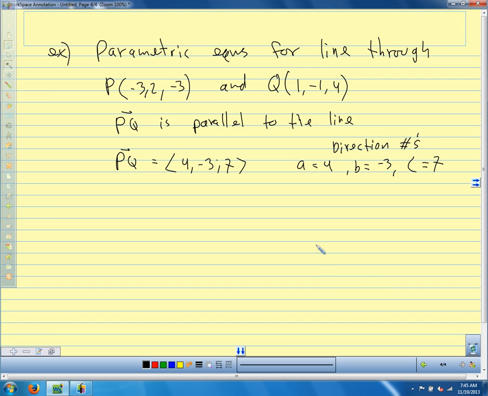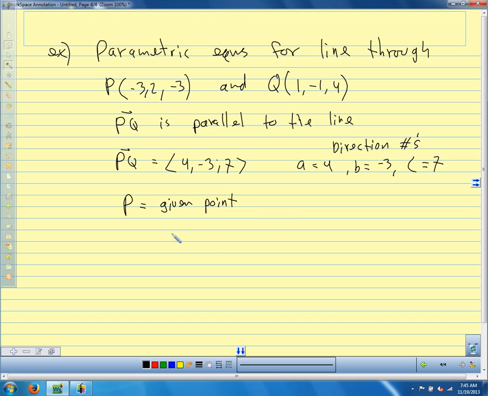And it doesn't matter which point on the line we pick for our x1, y1, z1. We can pick either one, and it's going to be fine. I'm going to choose point P as our point on the line. I could pick point Q also, doesn't matter.